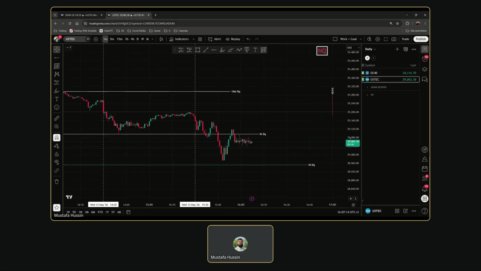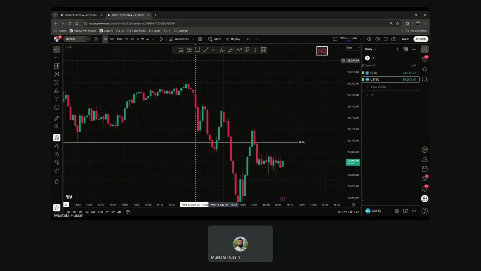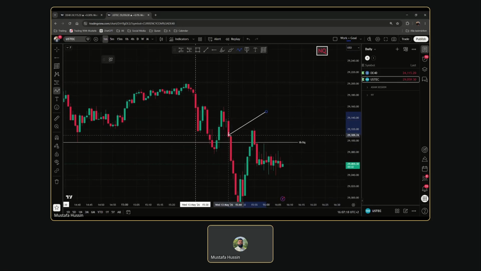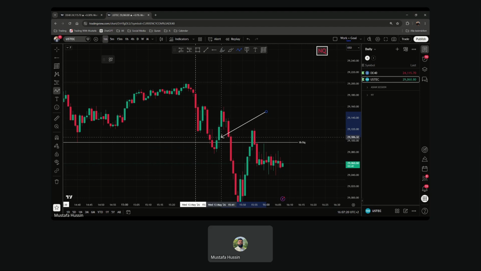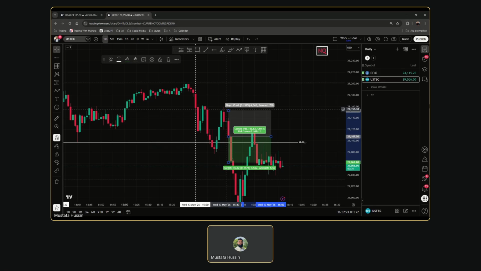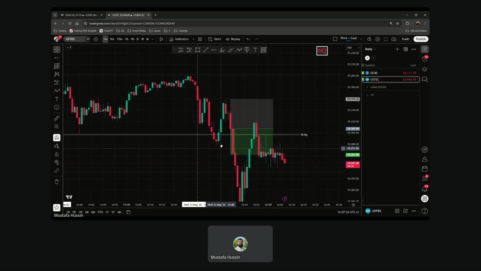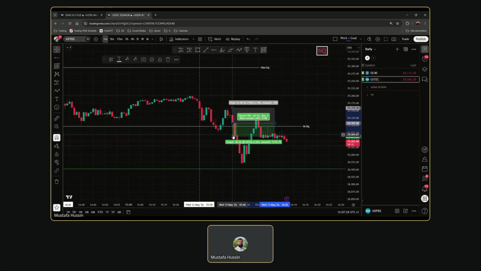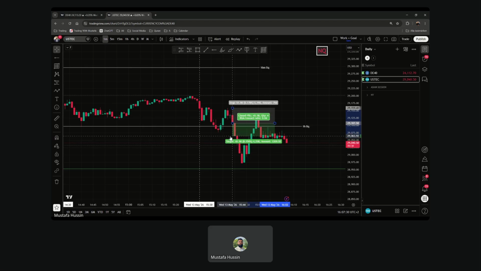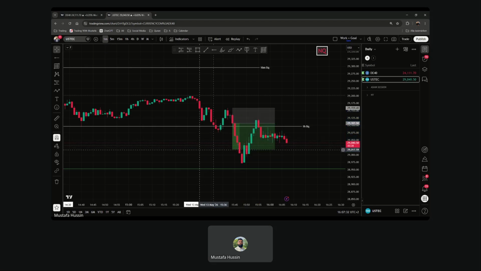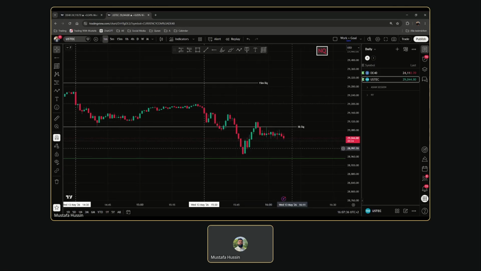So if this candle could have closed a pip or two beneath, then this is a trade I would have taken, and then taken maybe a 1-to-1 or maybe draw it out as much as possible, 1 to 1.5. But this setup didn't.